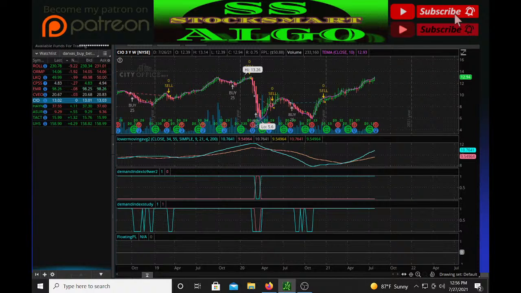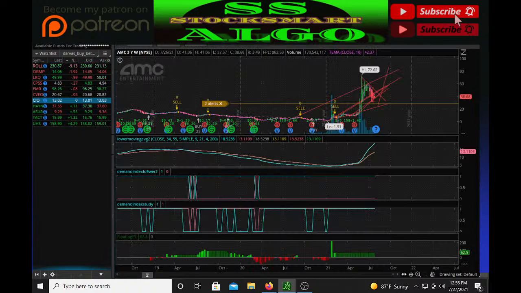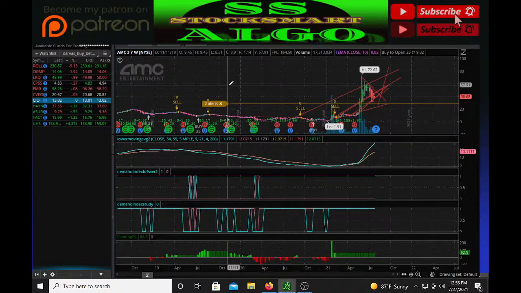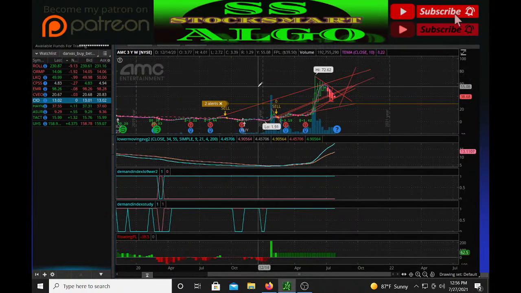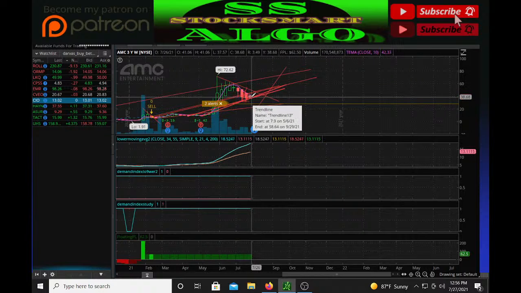Now let's go over and look at the ever so popular AMC. All right. And we'll see how our daily high-lows have handled it. Well, not so well. Well, we can see we're hitting some supports right now.